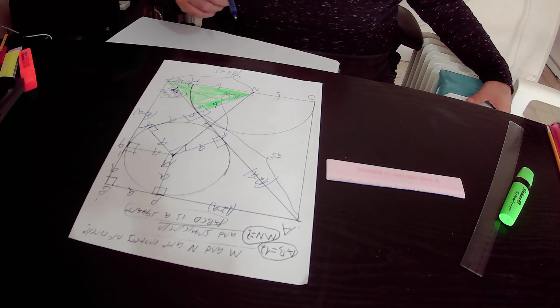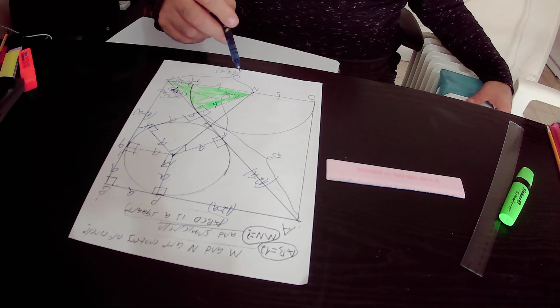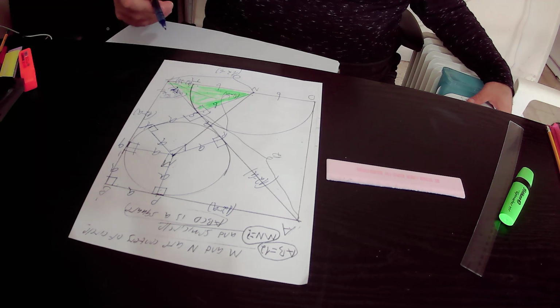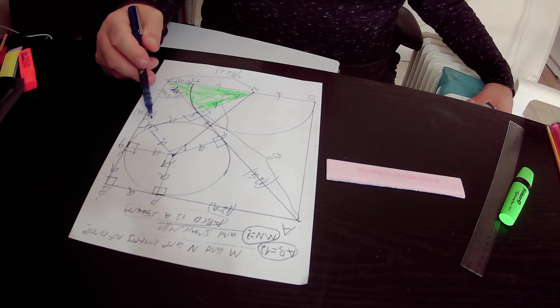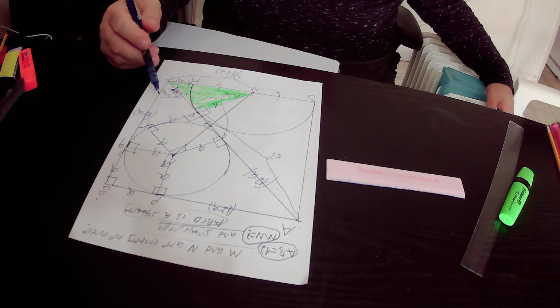And triangle NMX is a right triangle because angle MXN is a right angle.